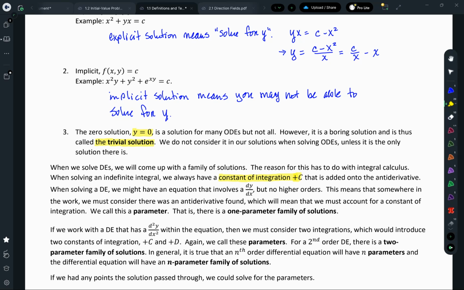But when we're solving a differential equation, if we have an equation that just has a dy dx and no other higher orders, then that means that somewhere in the work that was done to find the solution, an antiderivative was found. And so we just have to account for that by putting in the plus c, okay? And we're going to call the plus c a parameter.